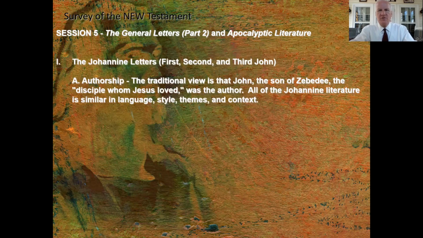The traditional view is that John, the son of Zebedee, the disciple whom Jesus loved, the beloved disciple as he is otherwise known, was the author. All of the Johannine literature is similar in language, style, themes, and context. So it's pretty clear that all of this material belongs together.